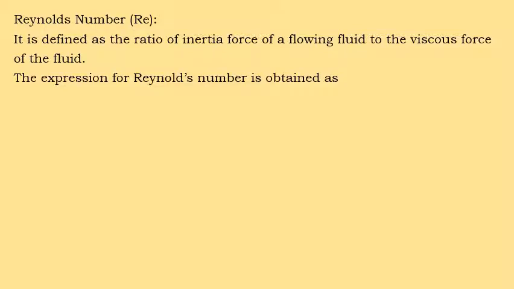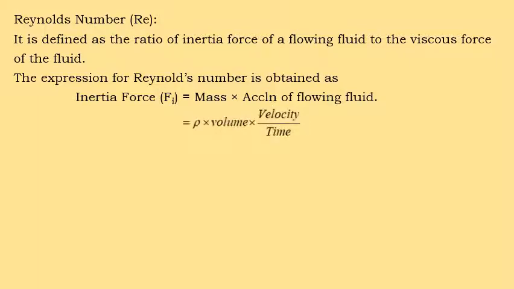The expression for the Reynolds number is obtained from the inertia force, Fi. The inertia force is equal to mass into acceleration of the flowing fluid. That is the general expression for the inertia force. Now see the expressions. Mass is equal to density into volume.